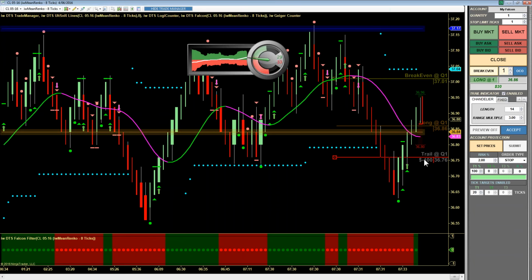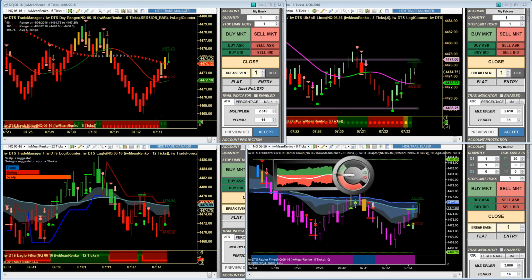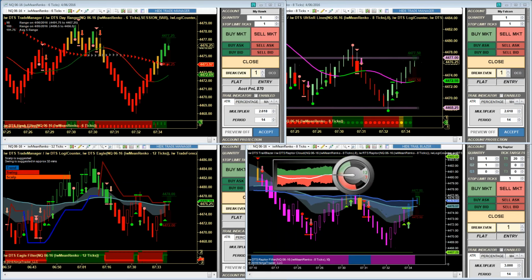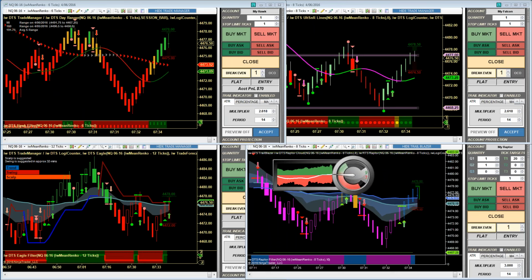The Trade Manager never leaves you without a stop. You can preset this value, by the way. And now that the stop is live, well, you can drag it wherever you want. All right, so that's how the OCO function works. Not the best signal though. Well, actually there was no signal there, but a chance to show you how it works anyhow.